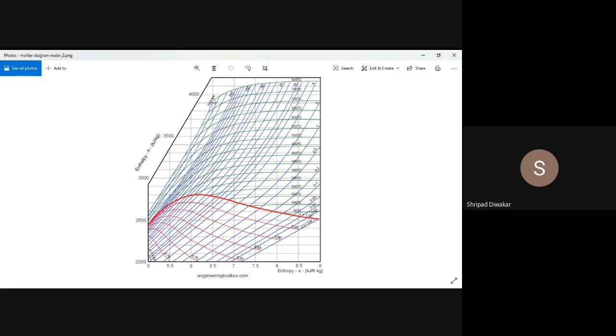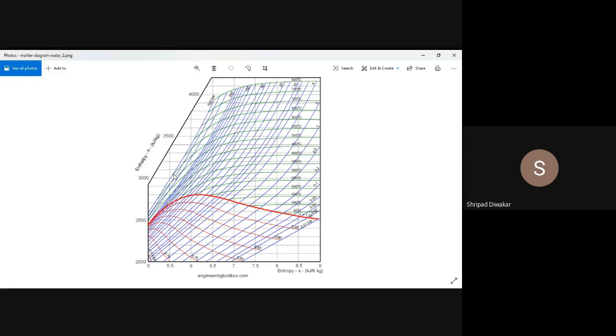Where the 500 bar line coincides with your 500 degrees Celsius line, this is the point. So you take 500 bar and then the particular temperature line, whatever temperature you take.